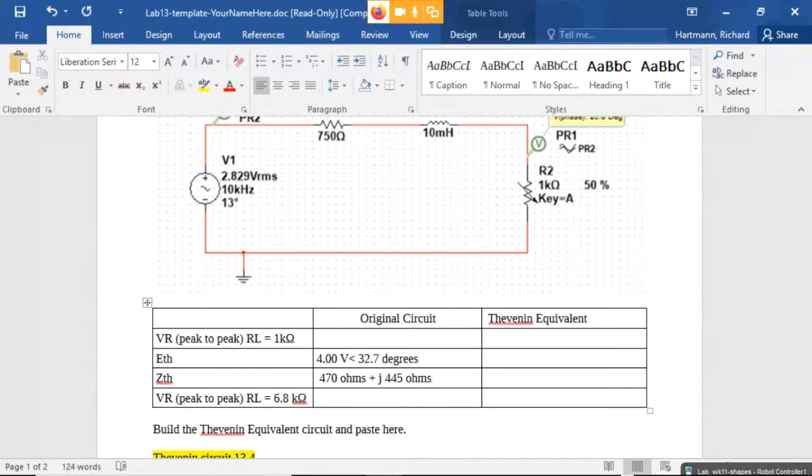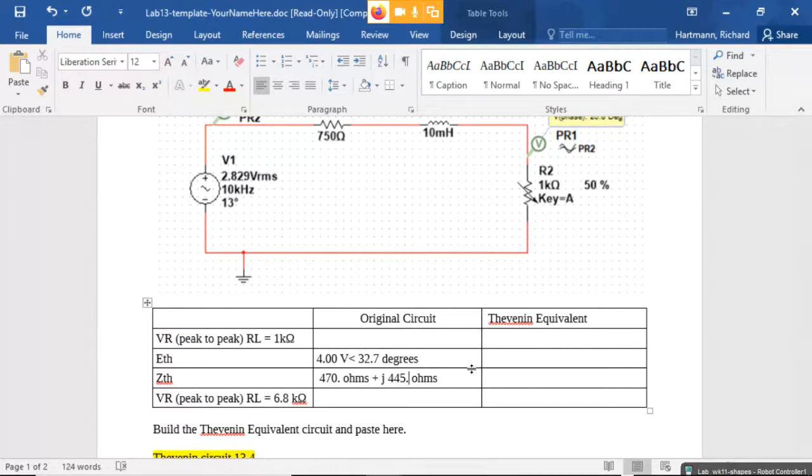Okay. But I'm just looking for, so I want to see 3 significant digits. So if it's 470, there should be a period there. And 445, you should probably put the period there also, but definitely with 470 because of the 0.